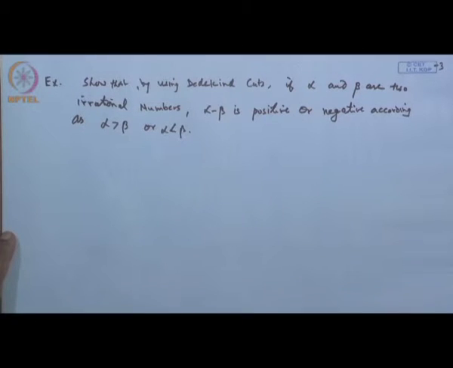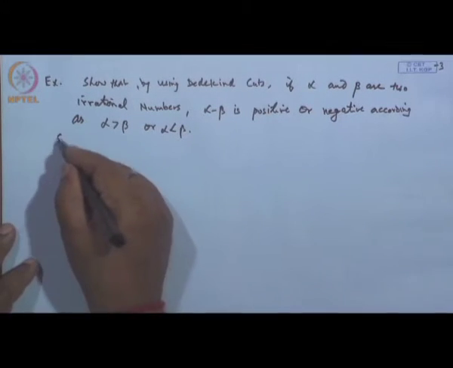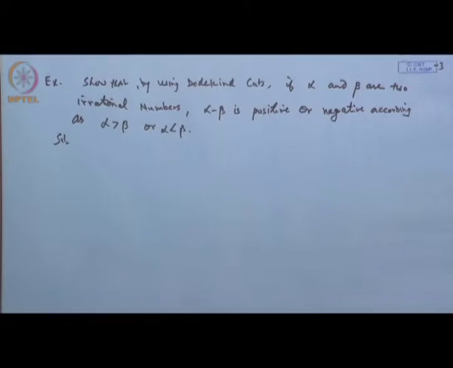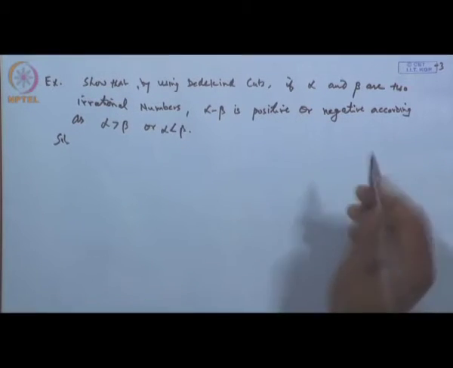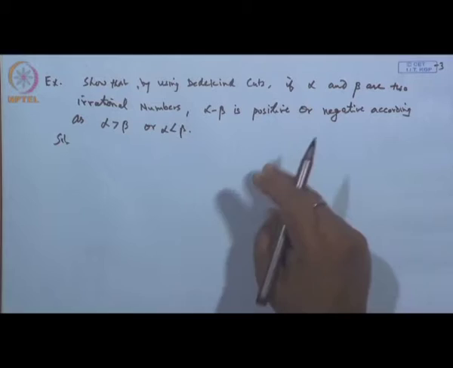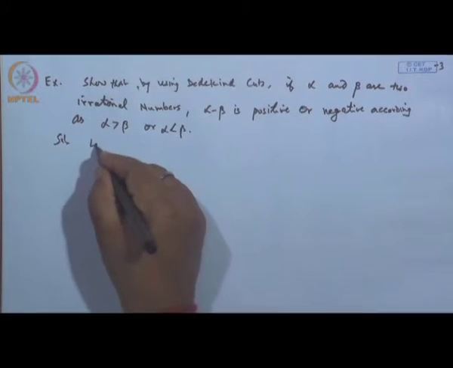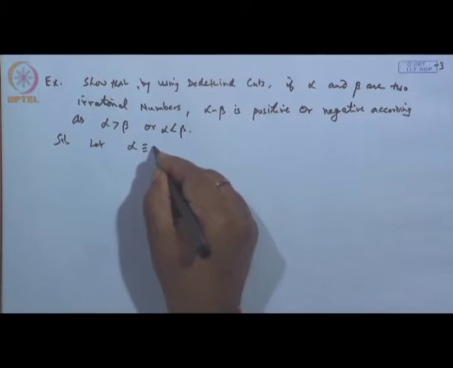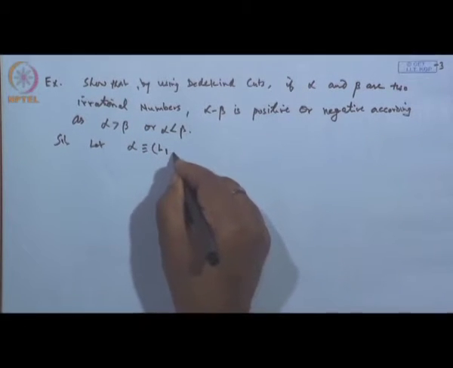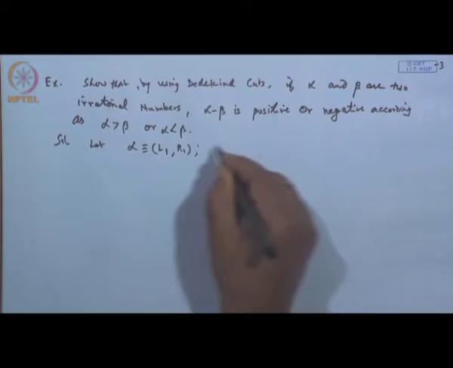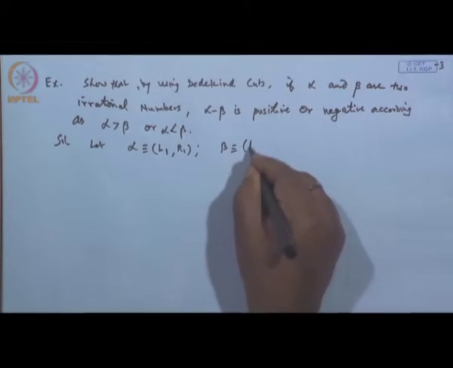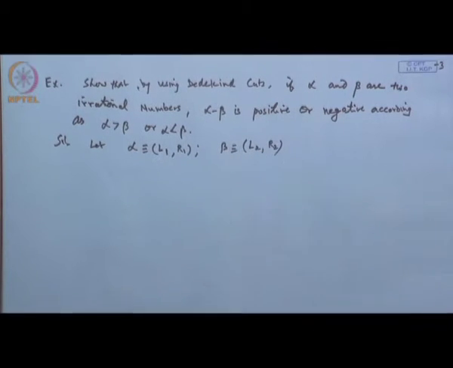Okay, so let us see. Suppose we have the solution. Now, alpha and beta are given to be two irrational numbers. So, obviously, they can be represented by means of cuts. So, let alpha be represented by a cut L 1 R 1, while beta is represented by a cut L 2 R 2.